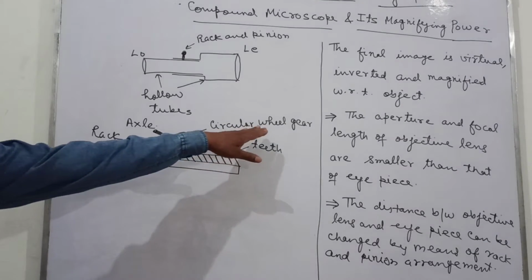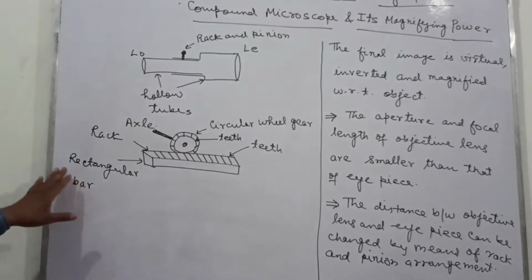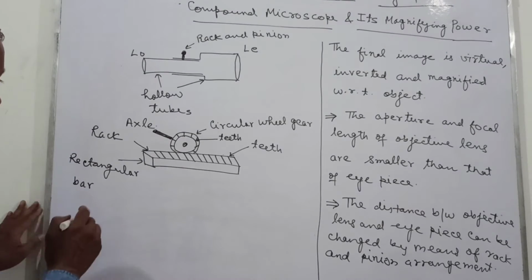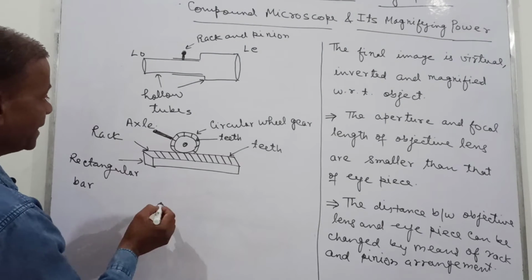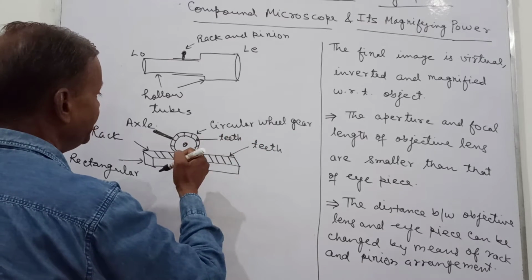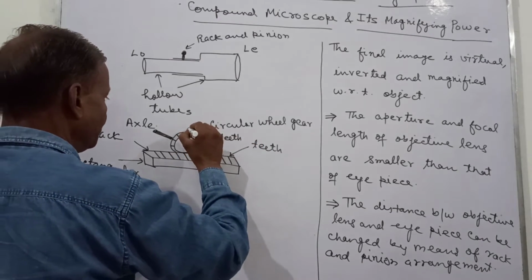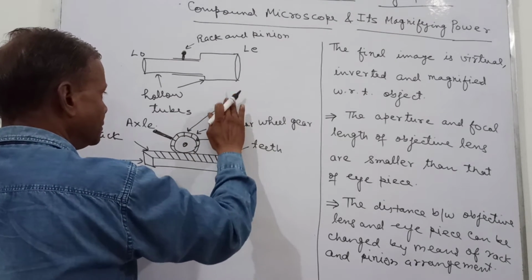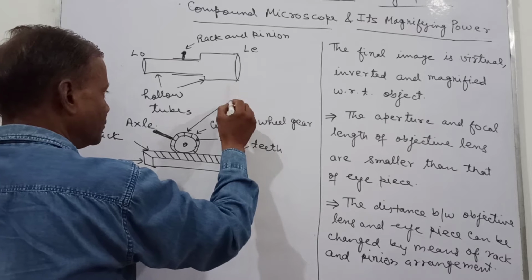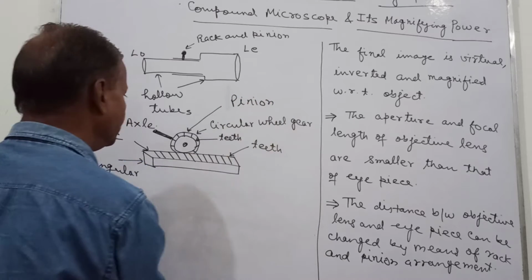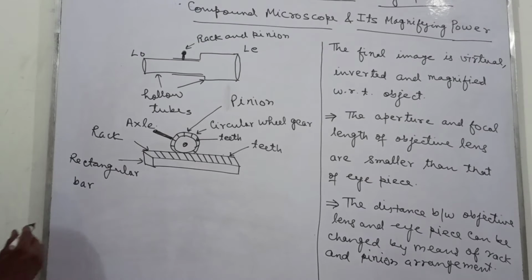The teeth of this circular wheel and the rectangular bar, the rack, mesh with each other. So this is called the rack and pinion arrangement. The circular wheel is called the pinion.